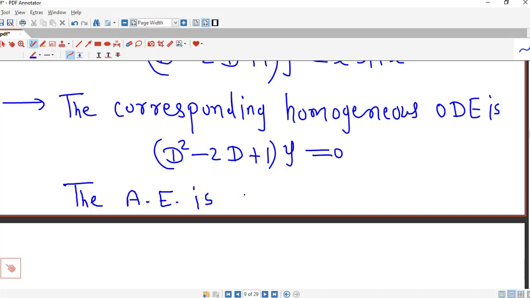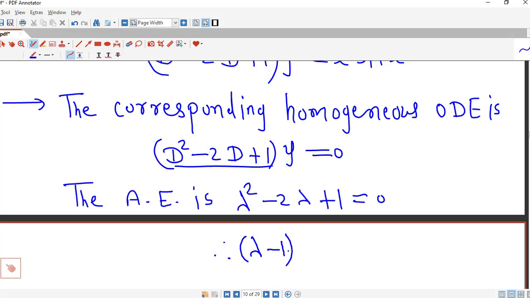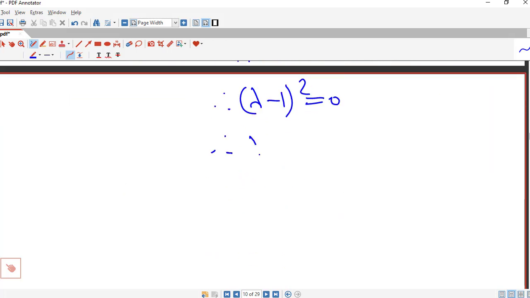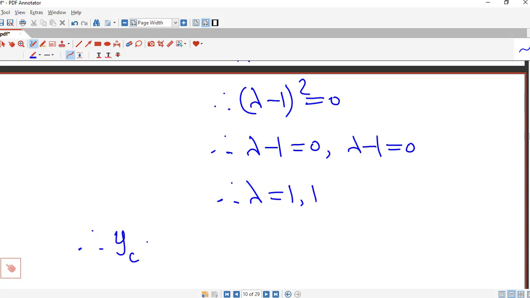For this we replace D by lambda in this f of D. So we have lambda square minus 2 lambda plus 1 equal to 0. Therefore this is nothing but the square of lambda minus 1. So we obtain lambda minus 1 equal to 0. It is a repeated root, lambda equal to 1, 1. So we have real and repeated roots, or real and equal roots.